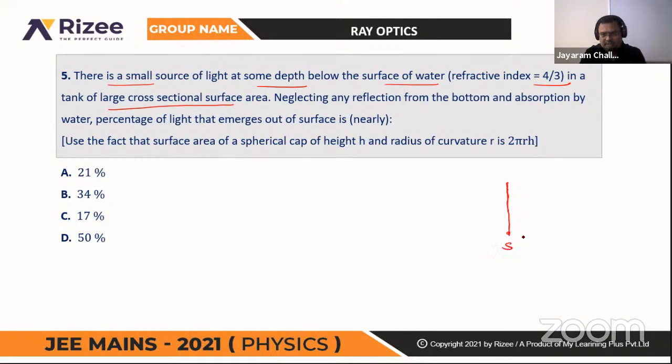From this source, the light will be emerging in the form of a circle like this. So he is asking the total light that is coming out. Let the radius of the circle on the upper half be r, and this distance be h.